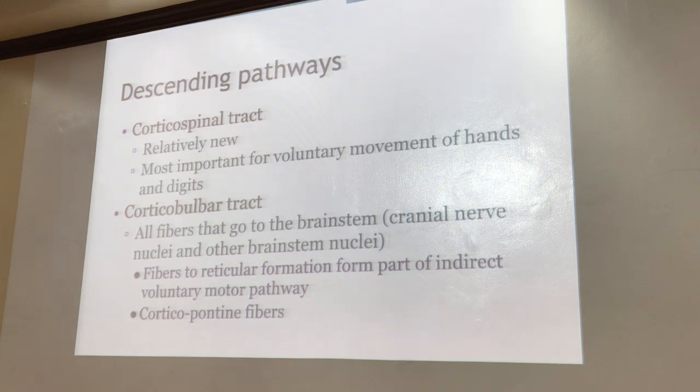Cranial nerve nuclei in the brainstem. Diba? That will be where your corticobulbar tract, galing siya sa cortex, mag-i-end up siya in the different nuclei in the brainstem, before that nucleus will send out fibers that will represent the cranial nerves.